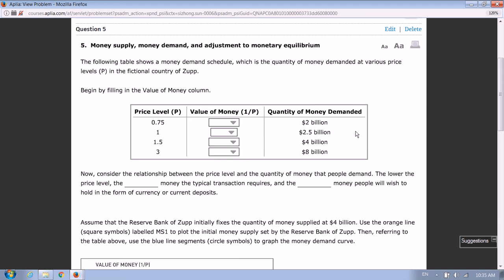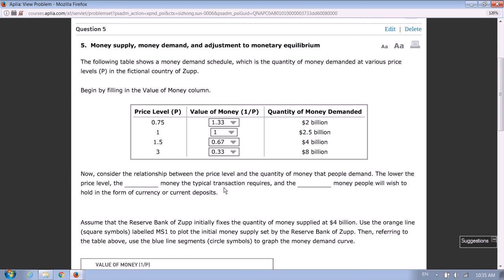So the value of money is just the inverse of the price: 1 divided by 0.75 is 1.33, 1 divided by 1 is 1, 1 divided by 1.5 is 0.67.